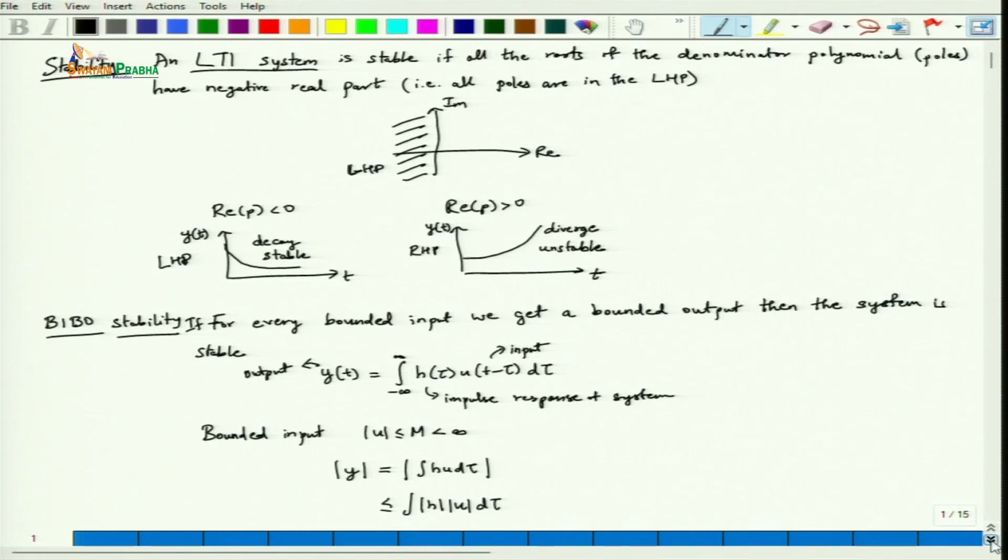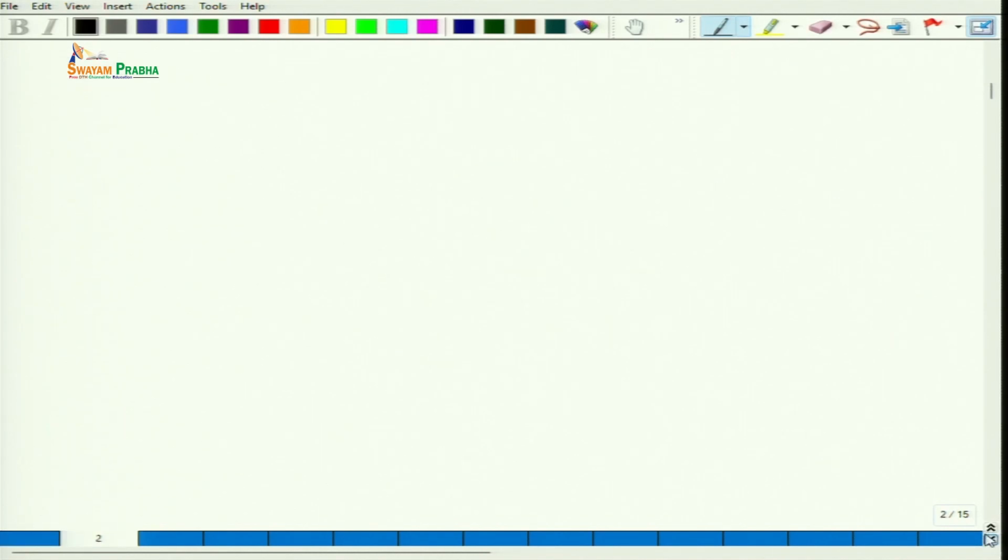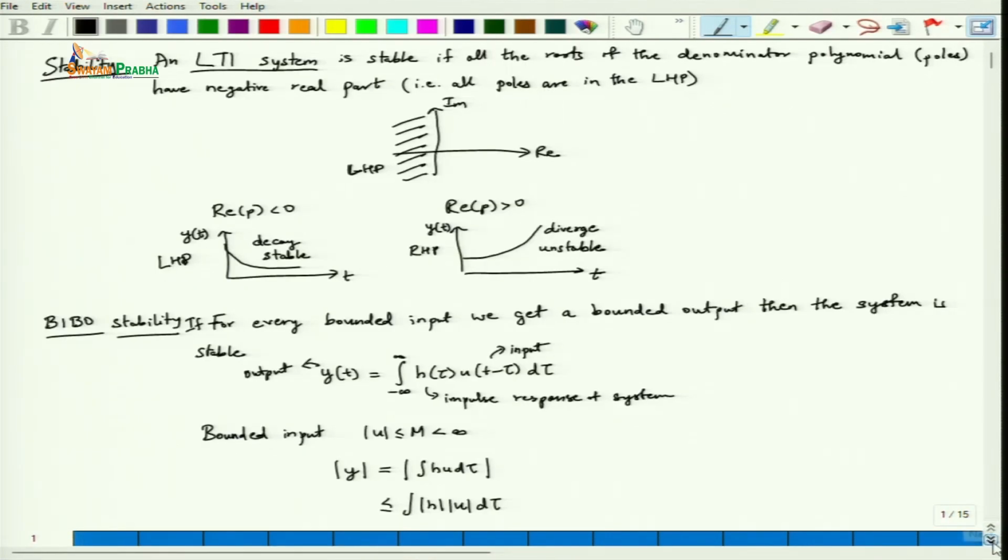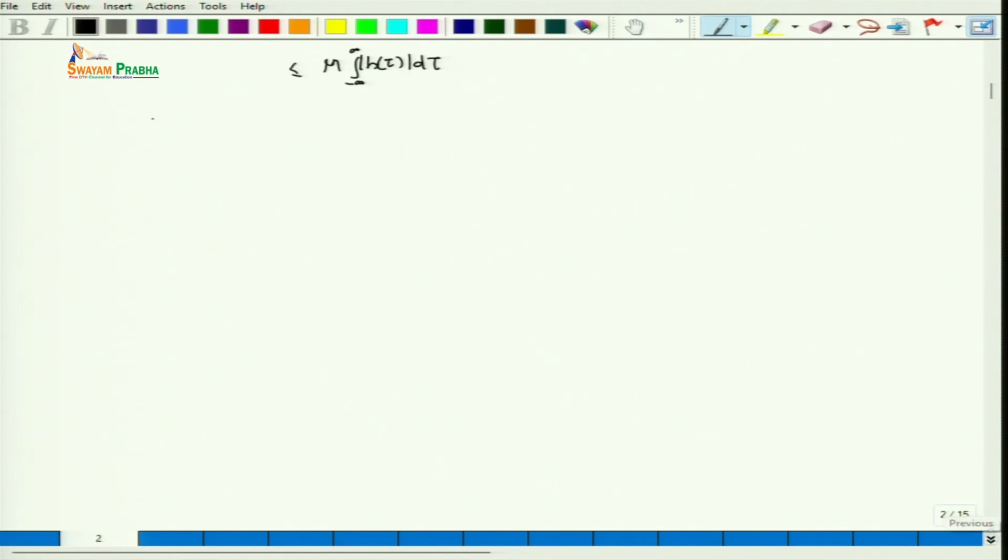Once we have this equation, we already know that u is bounded by M, so we can express this as M times the integral from negative infinity to infinity of the absolute value of h of tau d tau. So now if we need our output to be bounded, then basically we need this integral to be bounded.